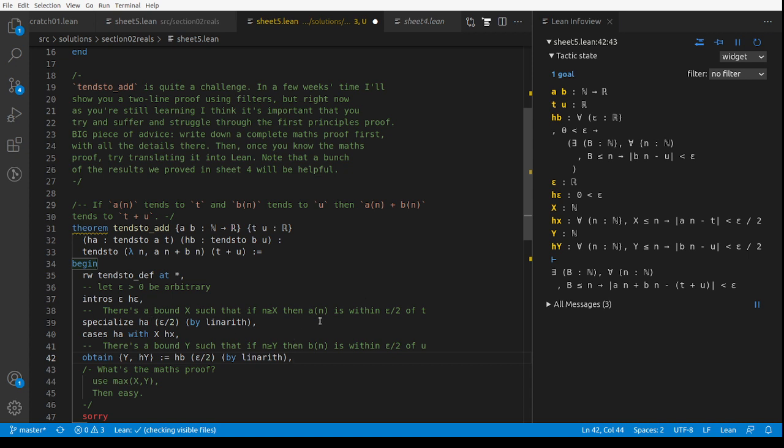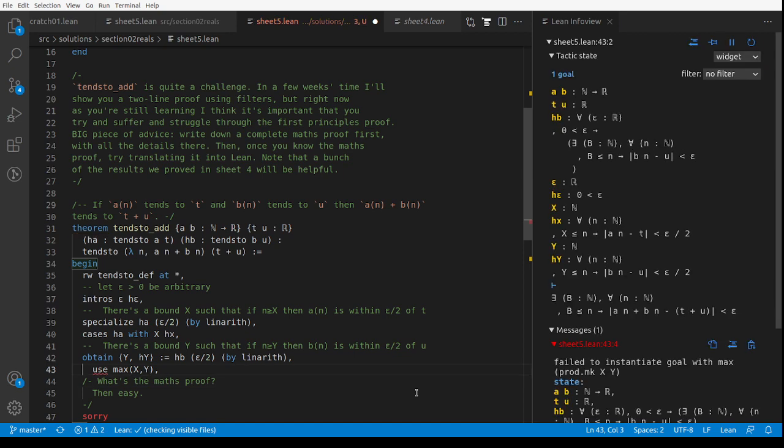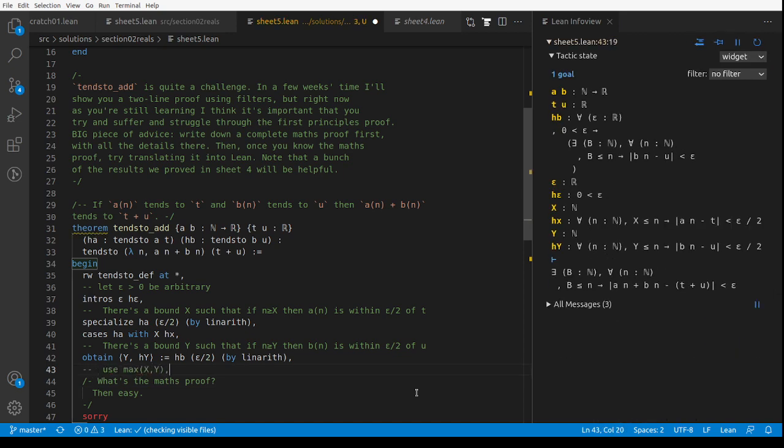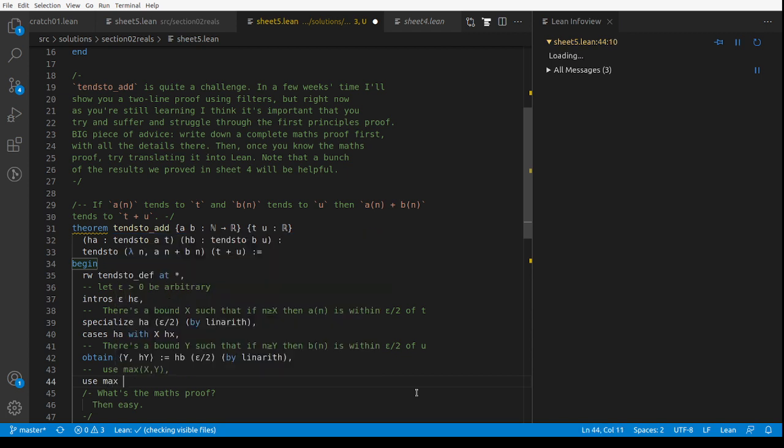I've just done those 2 lines in 1 line because, you know, I'd like to write short proofs. So now you see we have a bound y, and the hypothesis that if n is at least y, then bn minus u is less than epsilon over 2. There. And so now what's the next line of our maths proof? It's use the max of x and y. Okay, so let's use max x y.